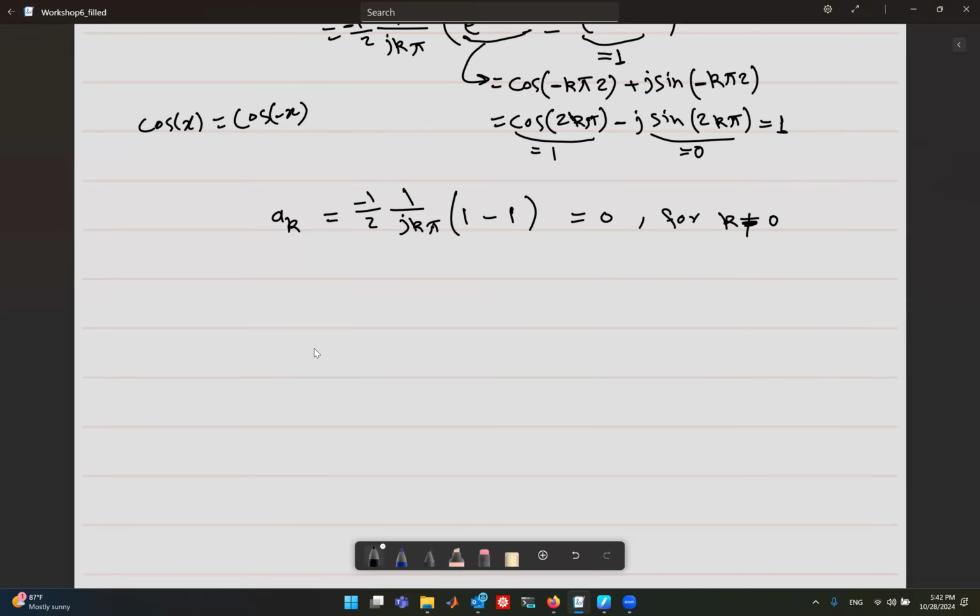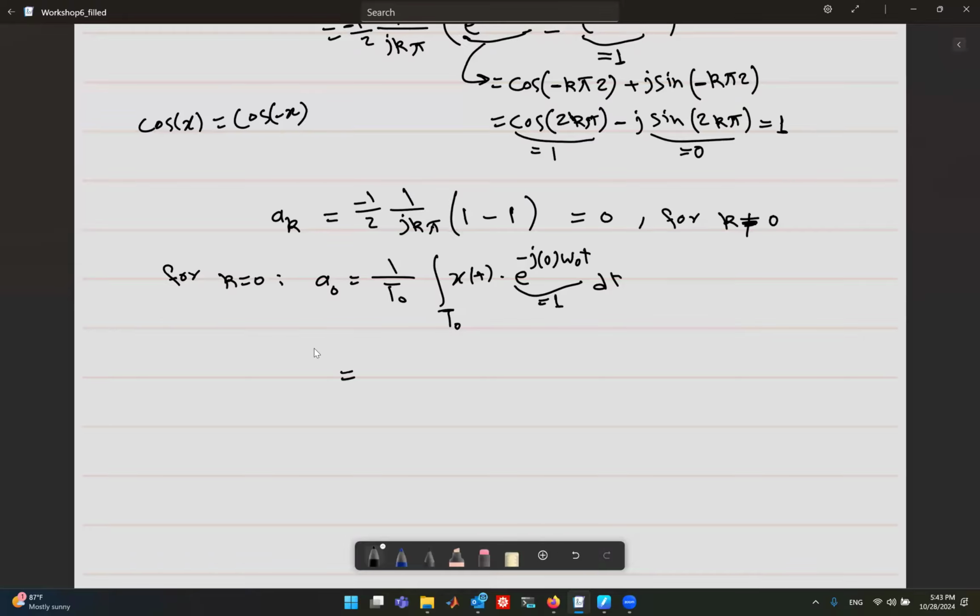So for k equals 0, A0 will be 1 divided by T naught integration over 1 period xt, and then exponential minus j k omega naught t dt, and this one is 1.